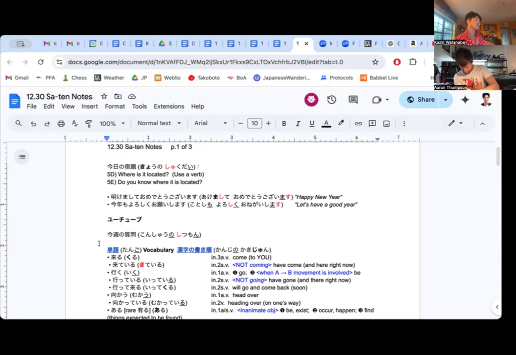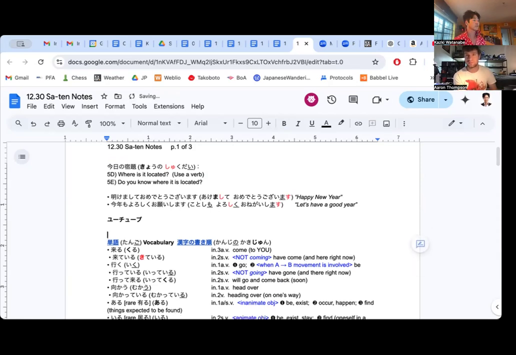Okay. So, shukudai, two sentences. At the very top, where is it located? Use a verb. I want you to compose a verb sentence with this. And then, do you know where it is located? Use that base sentence with the verb.